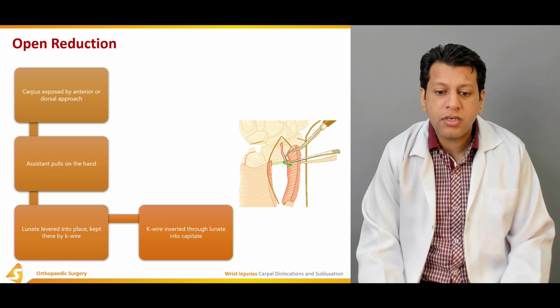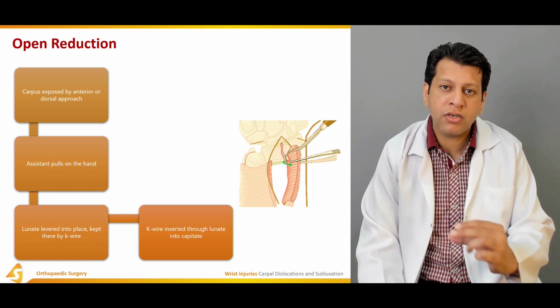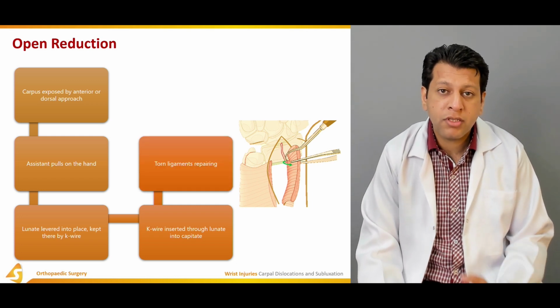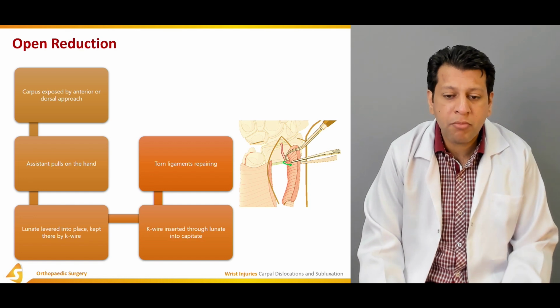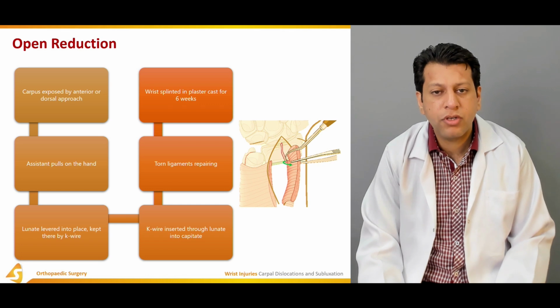The K-wire is inserted through the lunate into the capitate, so that you are restoring the lunocapitate joint first. Then the torn ligaments, especially the scapholunate and lunotriquetral ligaments, are repaired, and the wrist is splinted in the neutral position for 6 weeks.